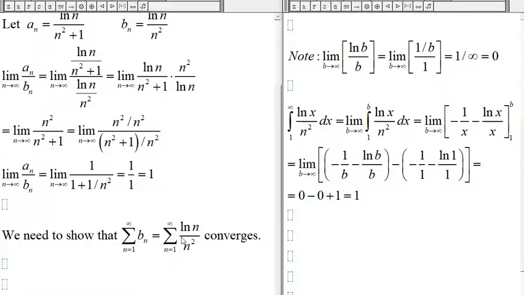So now we need to show that the series ln n divided by n squared converges. And to show this, we can use the integral test to show that this series right here converges.